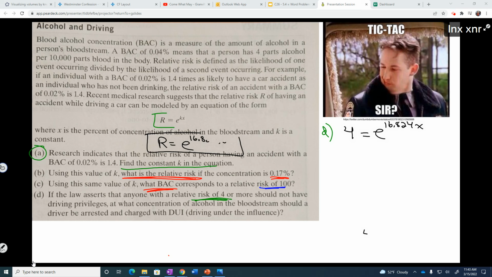So our last one we're going to solve for here. The way that you solve these is pretty similar in each one, right? It's either taking the natural log first or dividing into the natural log. So ln, natural log of 4 equals 16.824 times x. And then we divide both sides by 16.824.